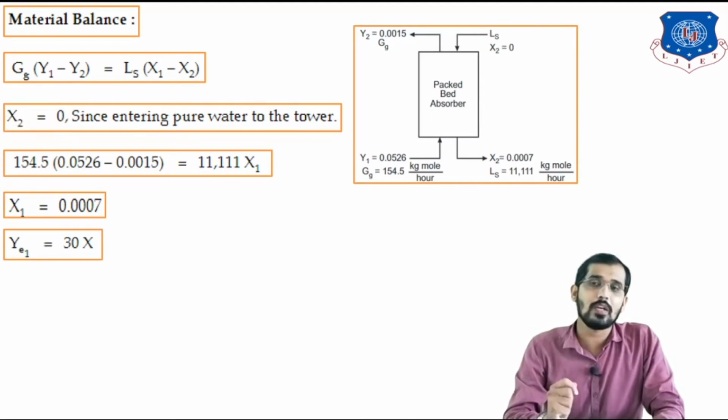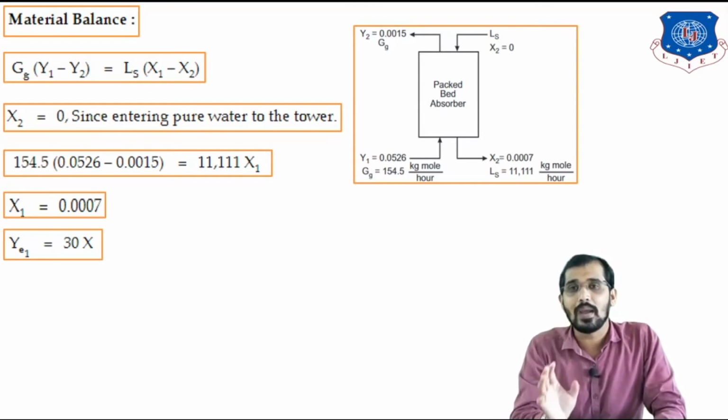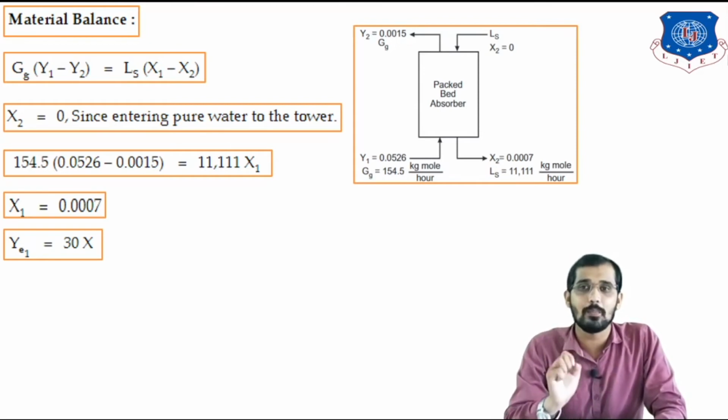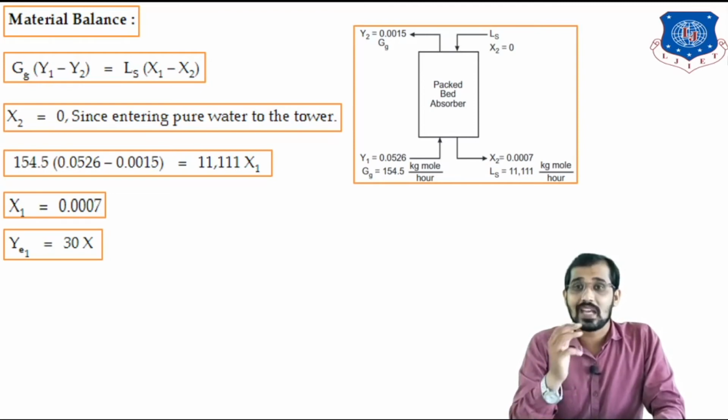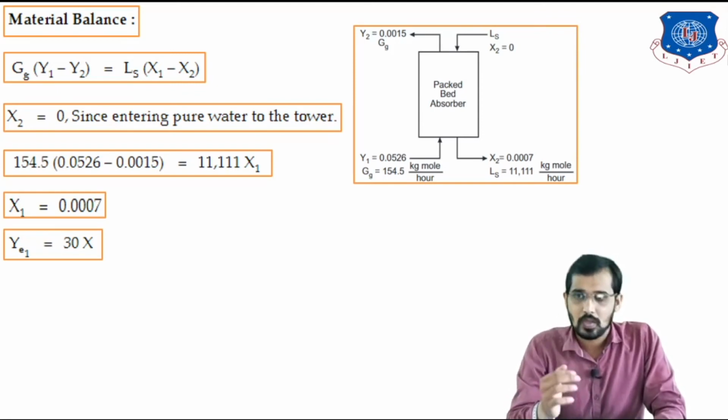So how to calculate YE1? We have this relation in the question as well: Y is equal to mx, the equilibrium relation. So YE1 is equal to 30 x1. How to calculate the equilibrium composition of the solute in the gaseous phase? This relation is given in your question, so just use it.